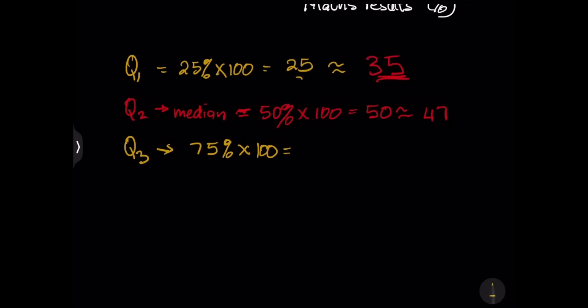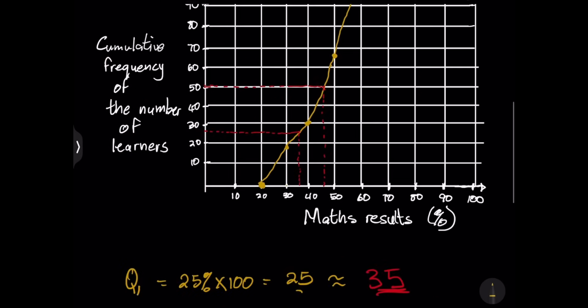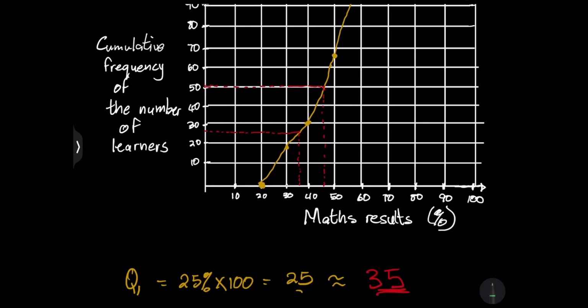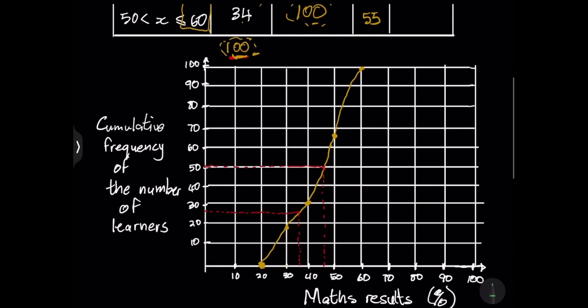So in this case, that would be 75. So what is the value at 75? I'm going to make it green. I go to my data and say, at 75, what is the value that corresponds to 75 there? Then I go down.